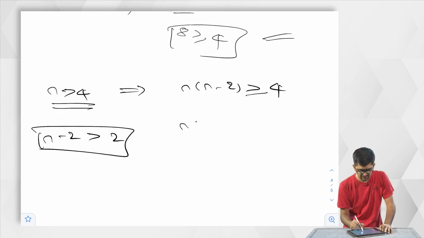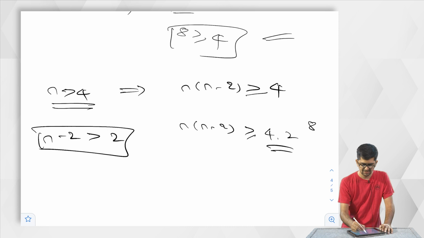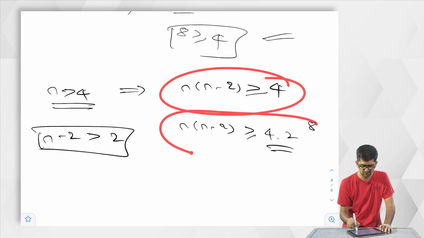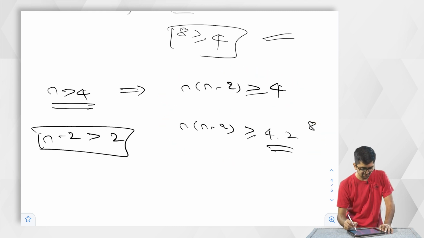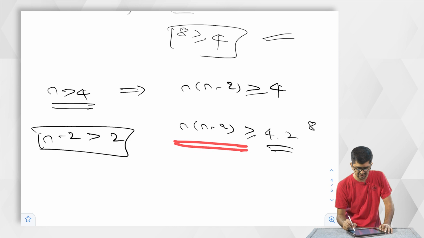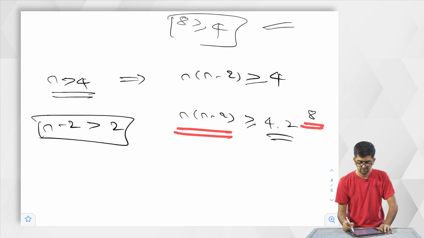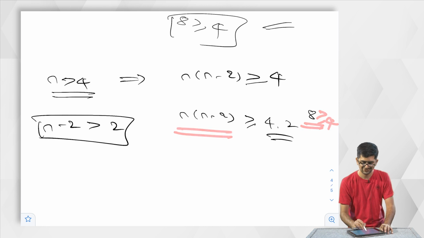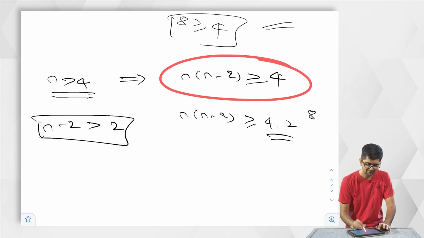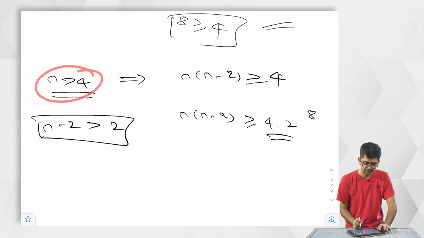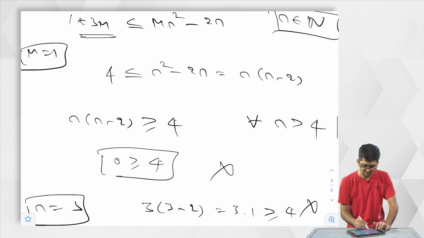So this gives n times (n minus 2) is greater than or equal to 4 times 2, which is 8. All we can conclude from here is that this is greater than or equal to 8, and 8 is already greater than or equal to 4. So whenever n is greater than 4, we have this inequality.